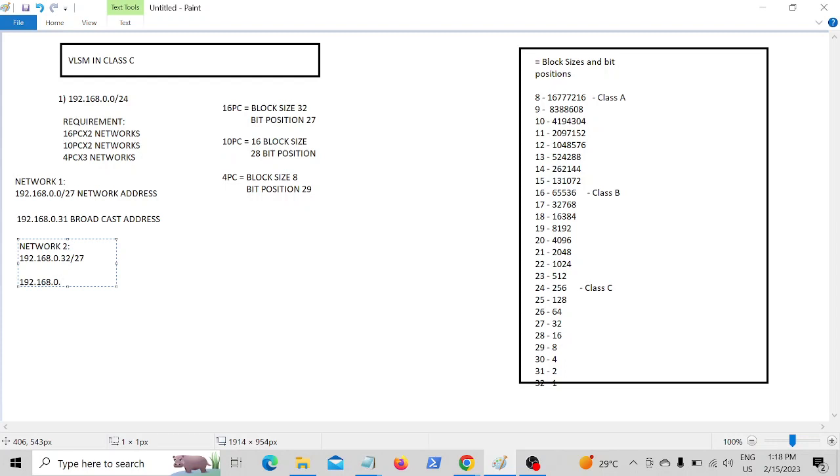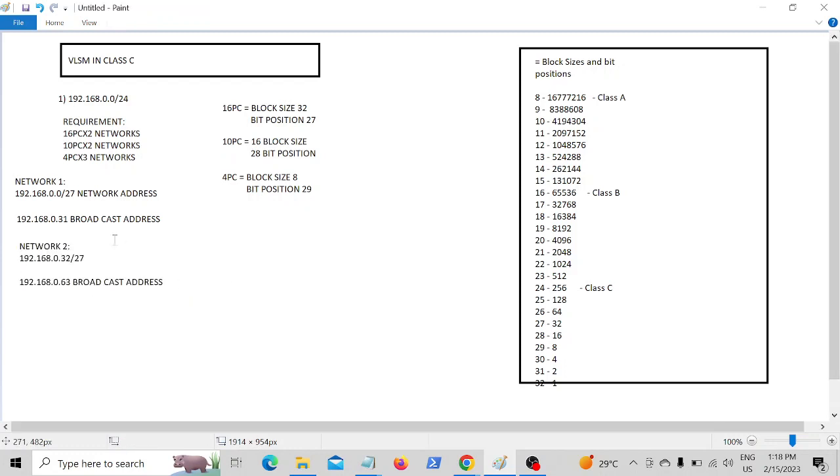So 32 plus 32 will be 64, so 64 will become the next network. So 63 will be the broadcast address. So network 1 and network 2 are done for this one.